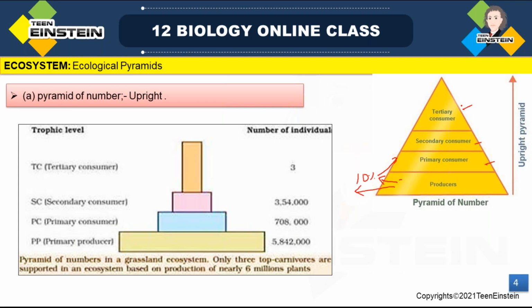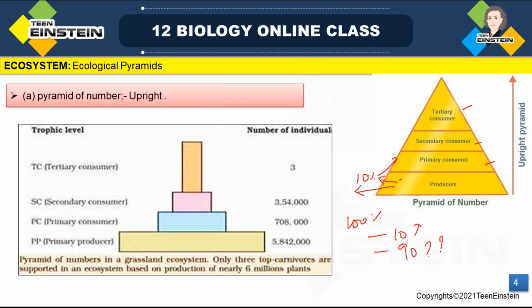Not more than that. Then what is happening to the 90 percentage? Out of 100 percentage, only 10 percentage is moving to the next trophic level.